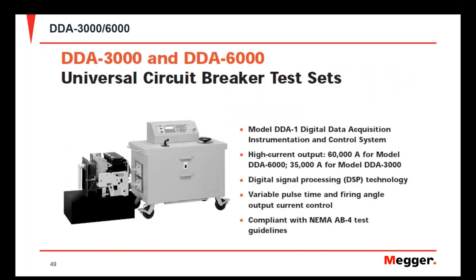Another instrument that we use for primary injection testing is the DDA, and the DDA comes in two different versions. We have the 3000 and the 6000, and the difference between the units is the amount of current that they can generate. The DDA 3000 will give you as much as 35,000 amps of test current, and the DDA 6000 will give you as much as 60,000 amps of high current output.